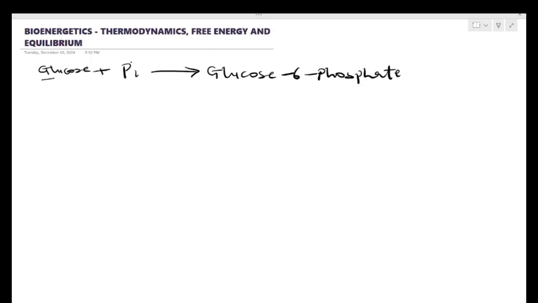So it gives you glucose 6 phosphate, and we represent that structurally here as follows.